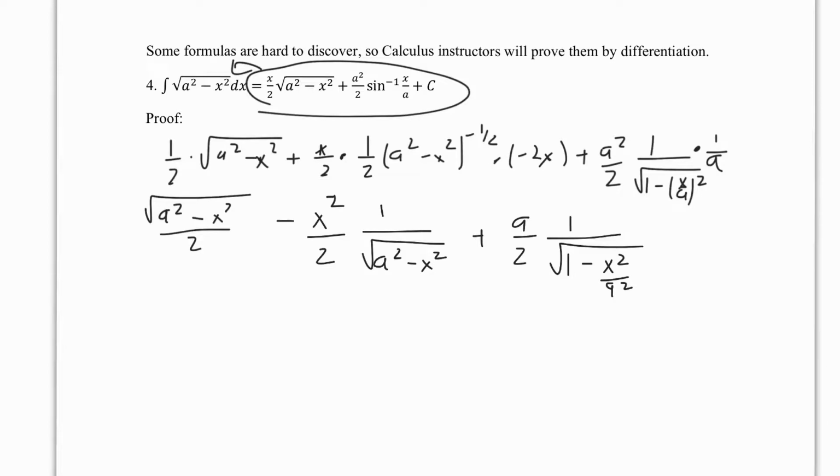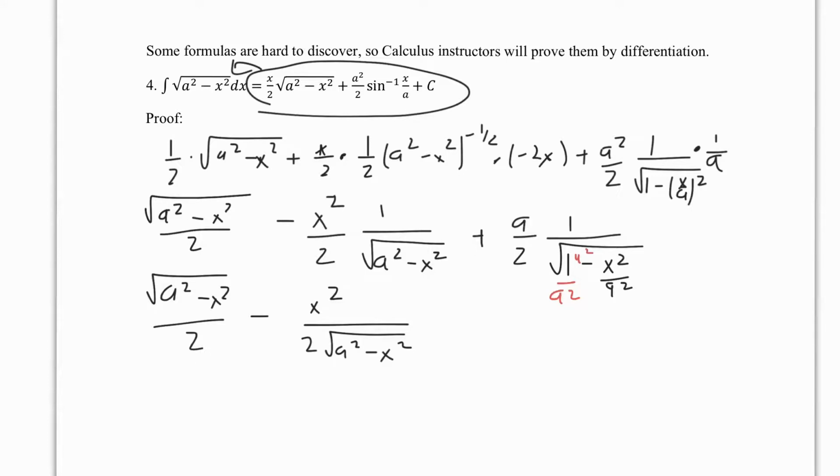Okay, well, we gotta keep on trucking. Square root a squared minus x squared over 2 minus x squared over 2 root a squared minus x squared. And we want to clean up this portion over here. So I'm going to multiply that by a squared to get a little common denominator in there. So a over 2 root a squared minus x squared over a squared.